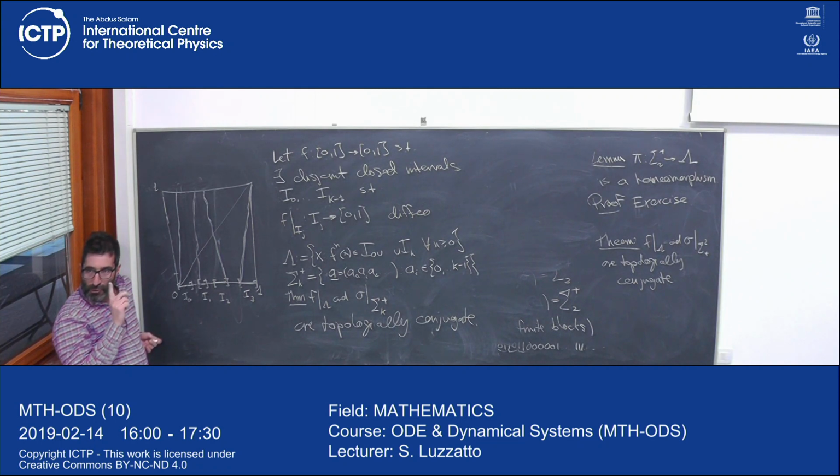But then there was some crucial thing. Remember, we needed to show that these were shrinking to 0. How did we show that they're shrinking to 0? We used the derivatives: the derivative of the iteration was 3^n. Exactly, but now it's no longer. Yes, but it is a diffeomorphism, so therefore the derivative is bounded. Bounded what? By what?